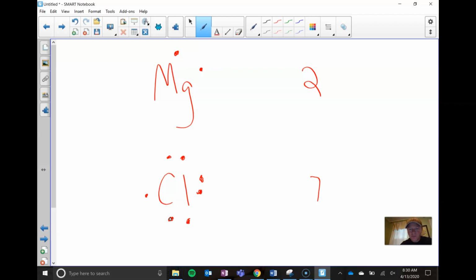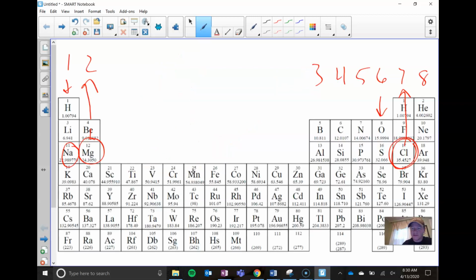There we go, that would be the electron dot structure. It's 7 for every element in that main group, because they all have 7 except hydrogen. Remember, he's not supposed to be there.